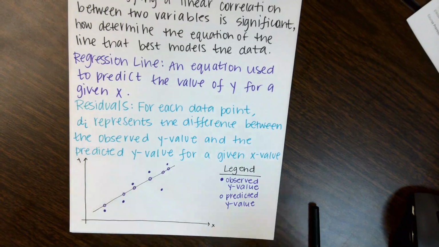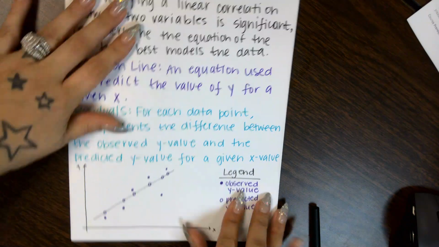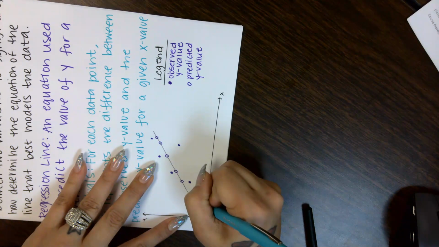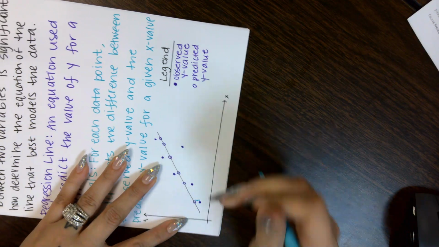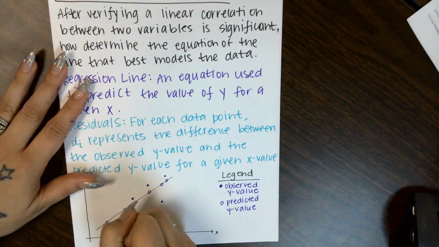Now, these different residuals, or the actual D sub i's for all the different data points, I'm gonna turn my paper because I want to show that it's this distance right here that can be calculated. I kind of did a brace. This I would call D sub 1.